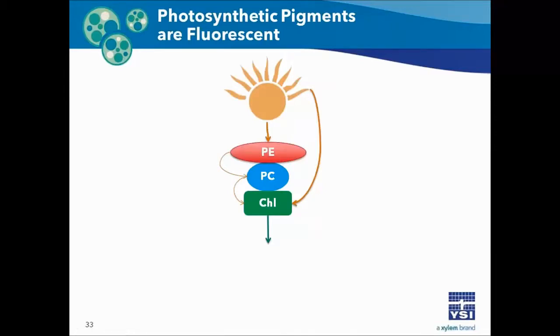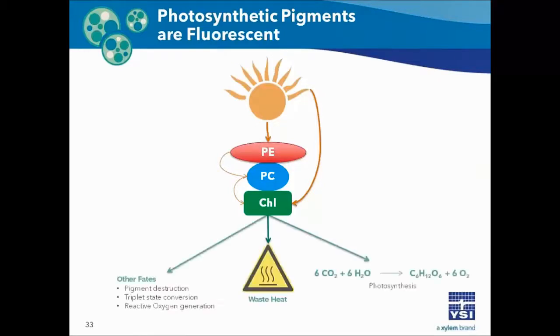That energy ultimately all gets funneled down to chlorophyll, and a lot of different things can happen with that energy that's absorbed. It can go on to do some destructive things. So believe it or not, algae can get too much light, and sometimes they either are going to die or they have to get away with it. But the vast majority of that energy that's absorbed simply gets released as waste heat.